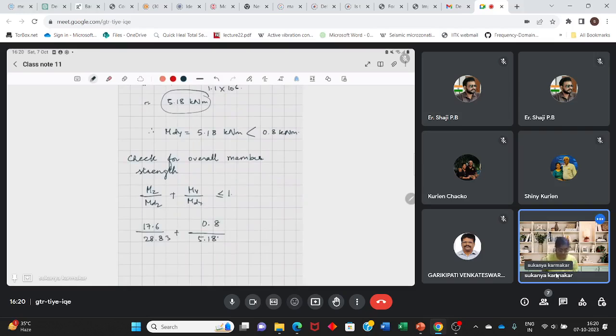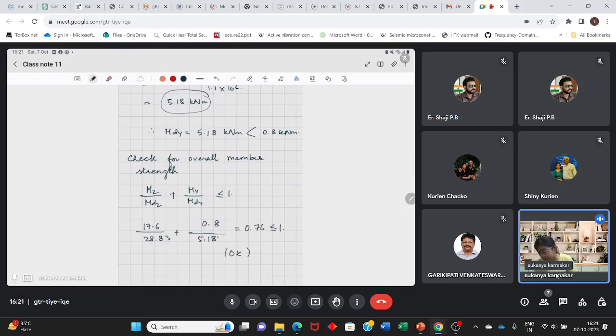How much does it come to? 0.76, which is less than 1. So this section is fine.